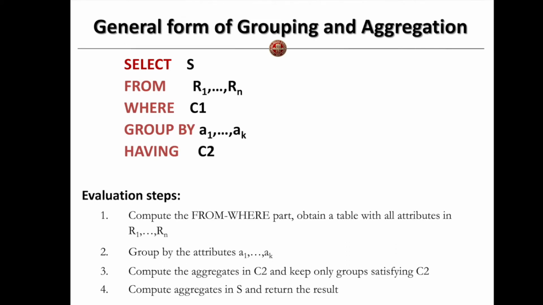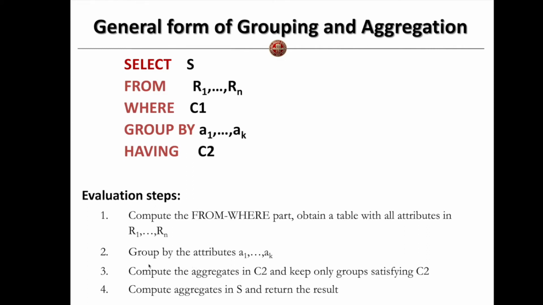Here, when we compute the from-where clause, in other words, we apply the condition C1 to prune some data tuples, right? So far, we haven't done anything about the grouping yet. So C1 will be used before we group these data tuples. C1 will be used for the pre-pruning of data tuples.